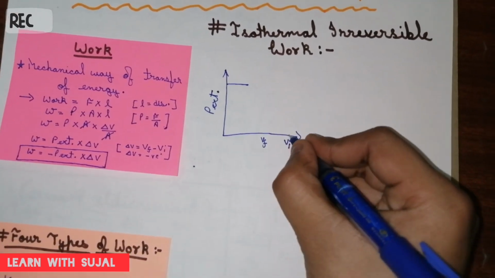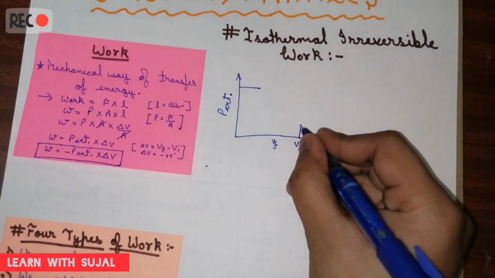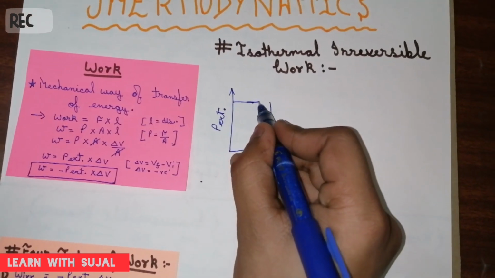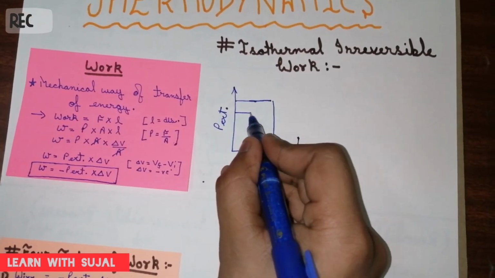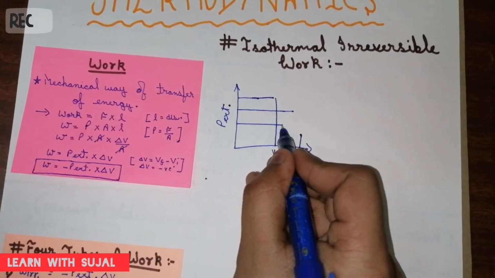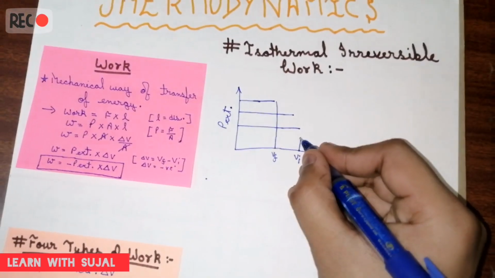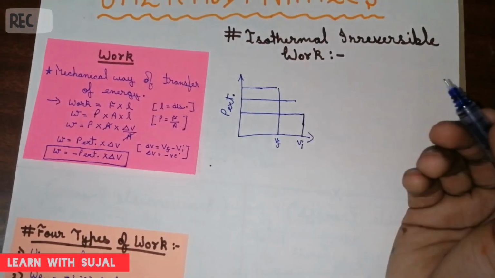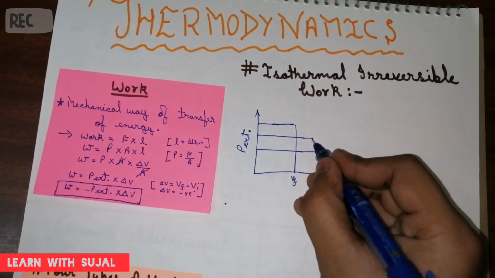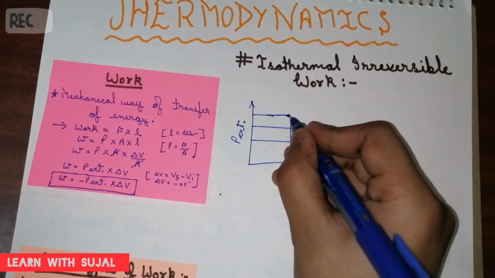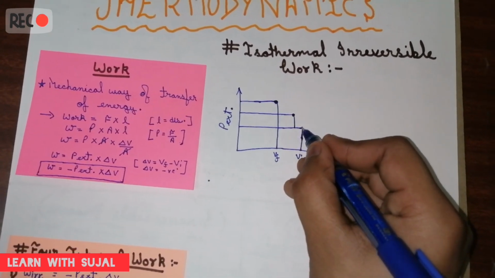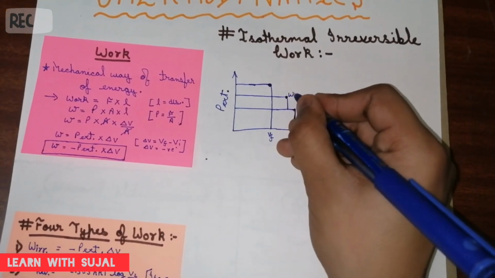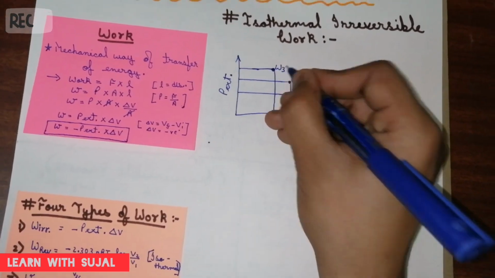From here to here, at different points it will change. In the isothermal irreversible case, it means we cannot do it twice, thrice. It is only one time thing. Work 1, work 2, work 3.